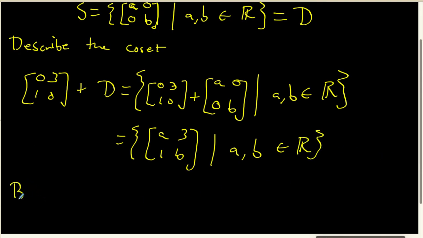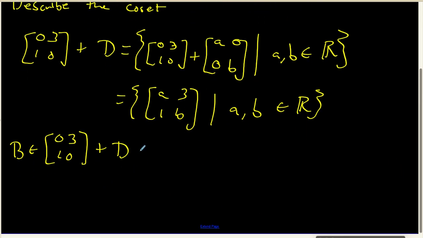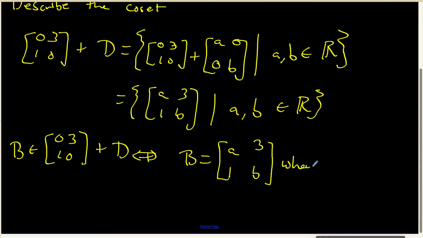So if I have a matrix inside this left coset, what that means is that it has to look like a matrix that has a 3 up here and a 1 down there, and it can have any numbers that you want on the main diagonal. So this particular left coset would consist of the matrices that have 3s up here in the 1, 2 entry and 1s down here in the 2, 1 entry.